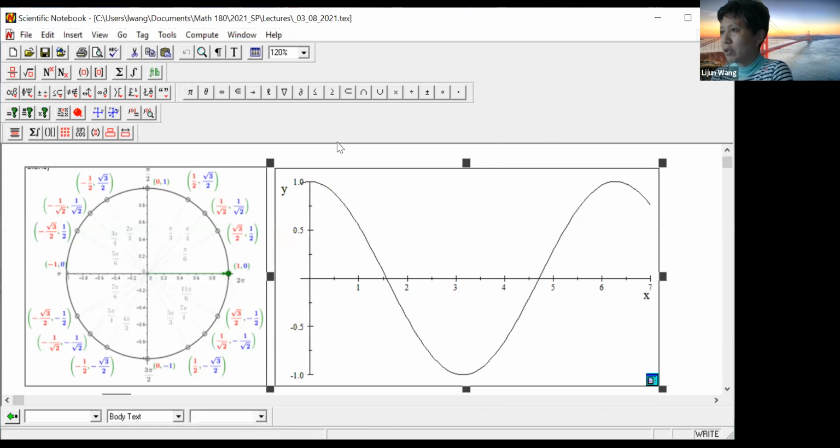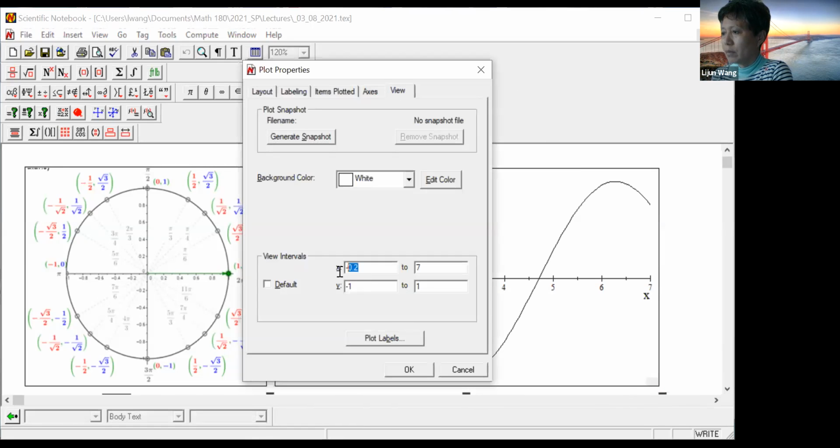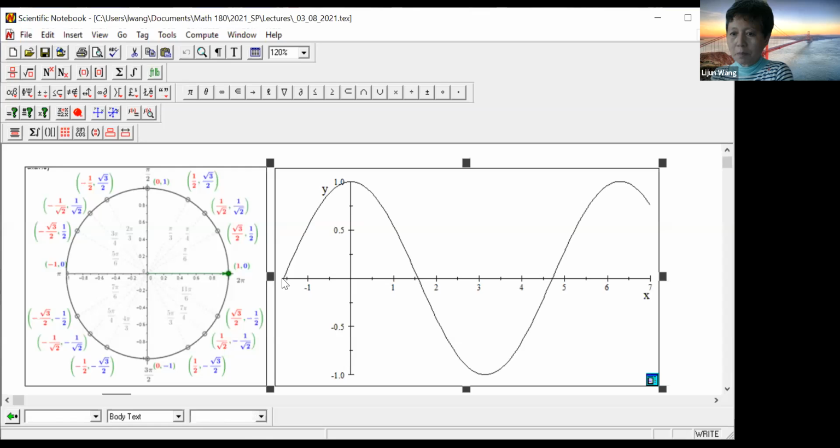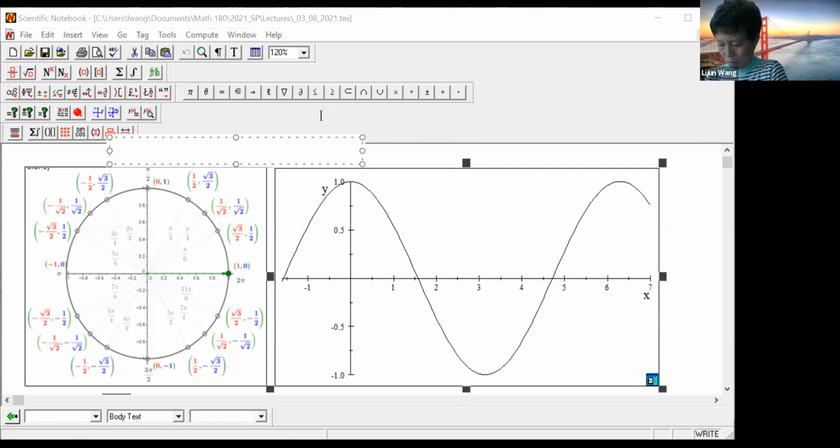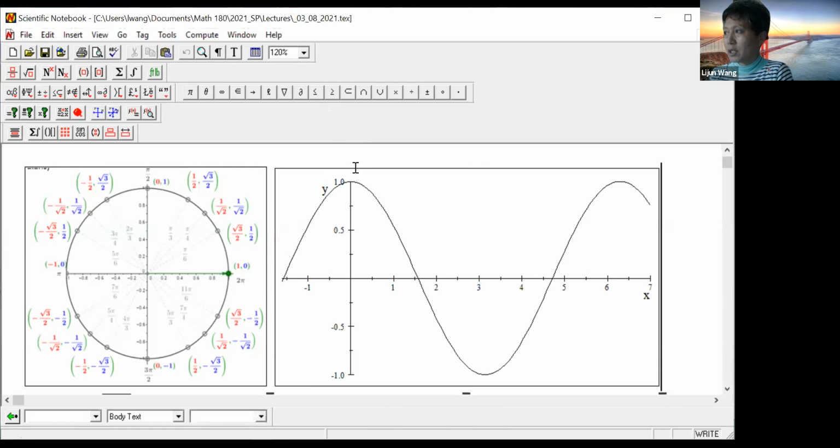So let me show you that piece of curve. This is -pi/2 to pi/2. This is the cosine curve. Can we do -pi/2 to pi/2 for cosine truncation? Okay, so do you guys understand my question?